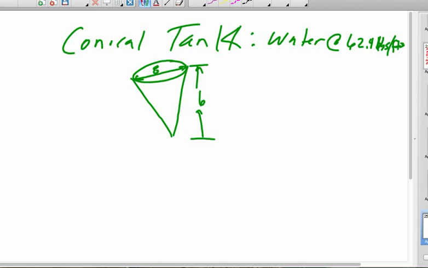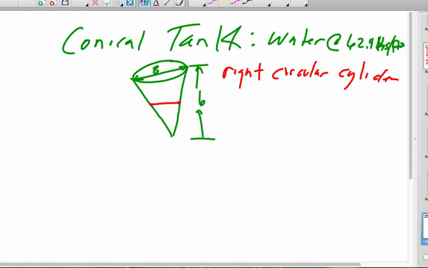Okay, now what we're going to do is take our little slice out of here. Now you notice my volume changes here. My slice here is basically, if you think about it, a right circular cylinder.